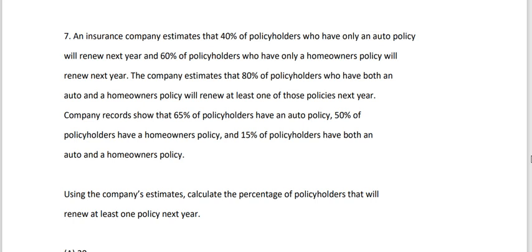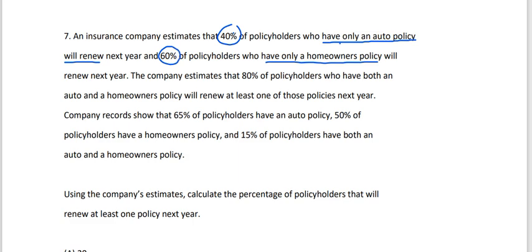So for those people who have only an auto policy, there is a 40% chance they will renew. For those people, 60% will renew.